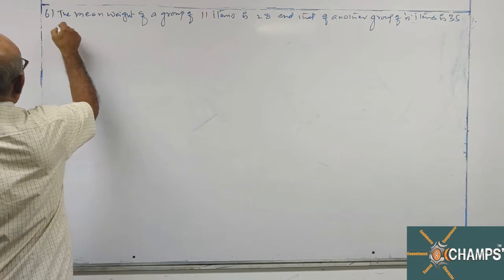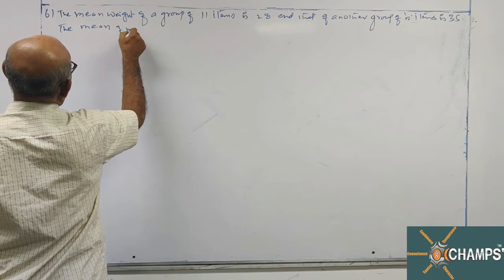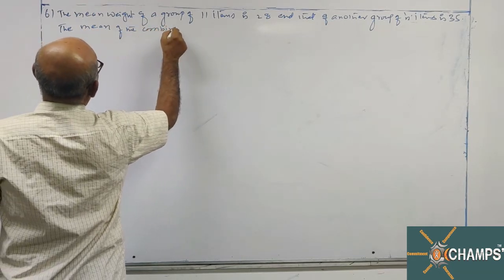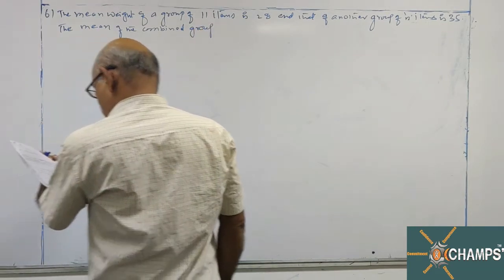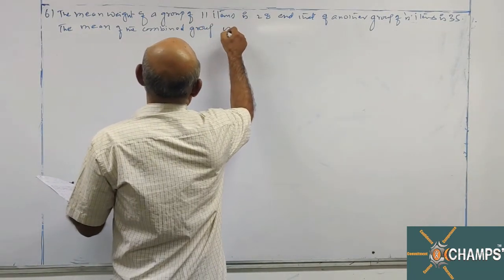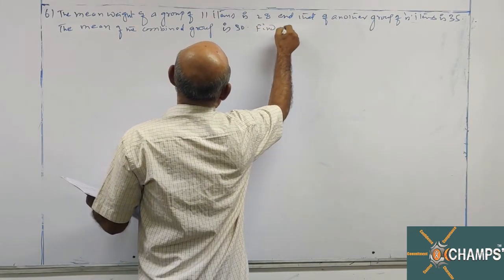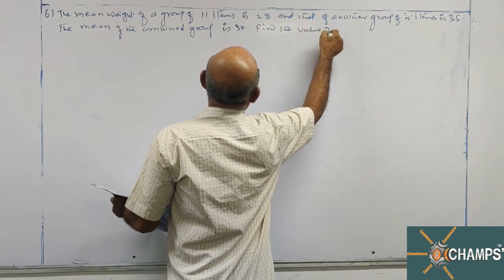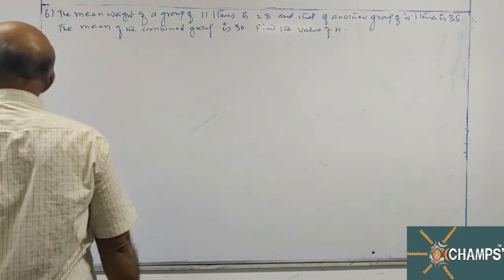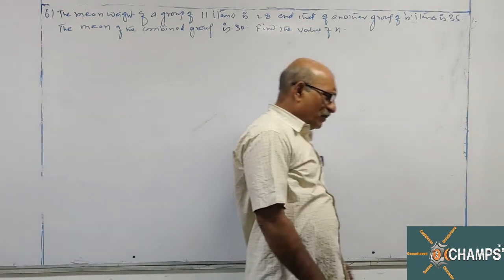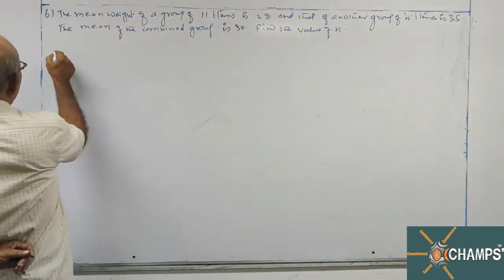The mean of the combined group is 30. Find the value of n. This is my question. Very simple question. Look at the solution, sir.